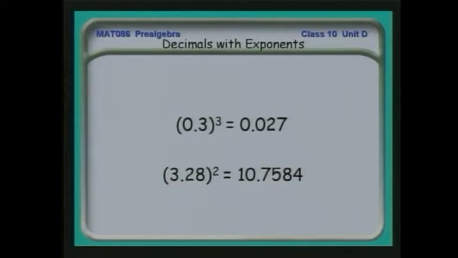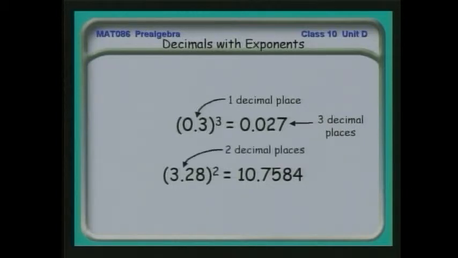0.3 cubed, when we work that out, is 0.027. And we can see that there's 1 decimal place here and 3 decimal places in the result. If we take 3.28 squared, we see that there are 2 decimal places here and 4 decimal places in the result.